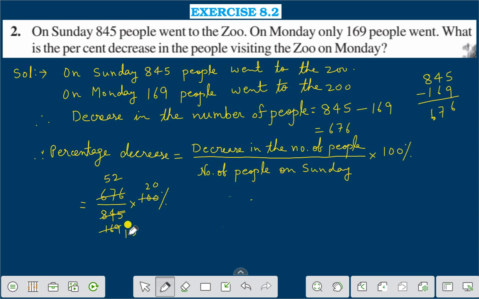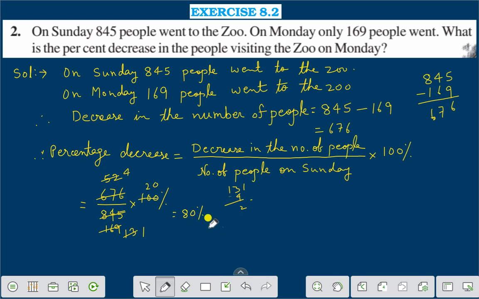Now 13 4 is 52, 13 1 is 13, and 13 4 is 52. That is 4 to the 80%. And that is the answer.